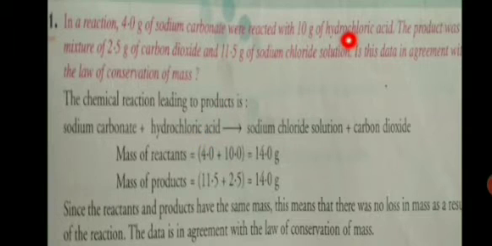Mass of the hydrochloric acid 10. 4 plus 10, 14 grams. So we got the mass of the reactant. Next, mass of the product: 2.5 gram of carbon dioxide and 11.5 gram of sodium chloride. 11.5 plus 2.5, total mass we got is 14 gram.